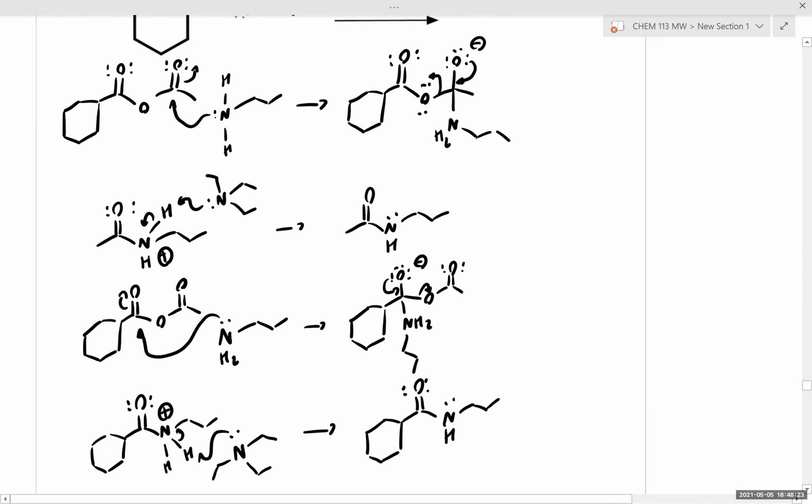Yes, so when this tetrahedral intermediate collapses, we lose this cyclohexane carboxylate species. So we're generating as a byproduct this carboxylate ion. Oh, okay. Does that make sense? Yeah, thank you. Perfect. Any other questions on this example?